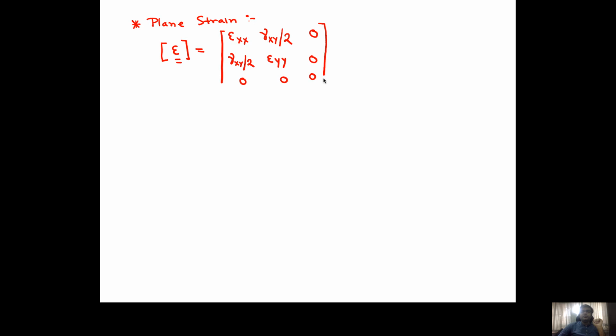And if this condition is satisfied, we say that the body is under the plane strain condition.